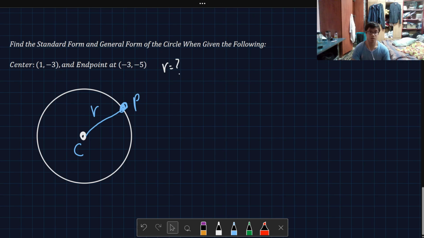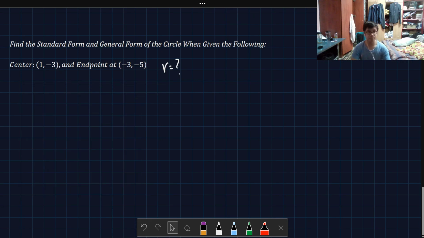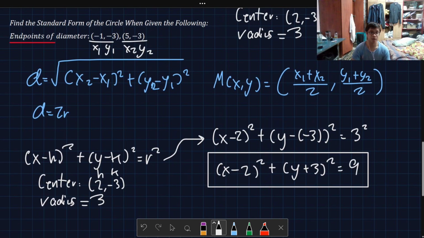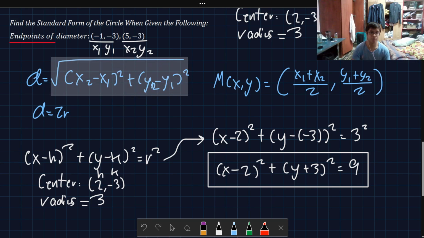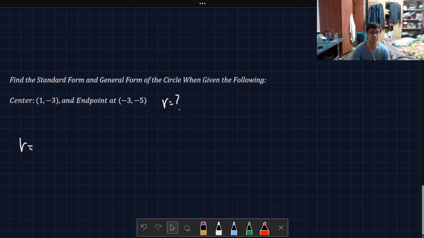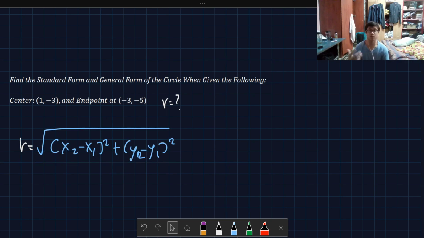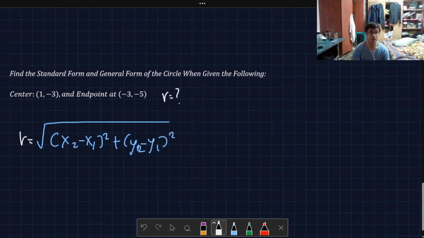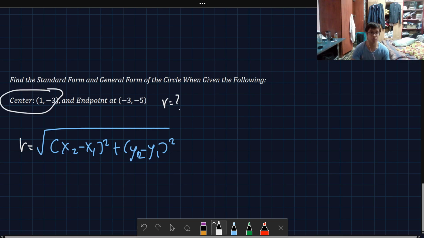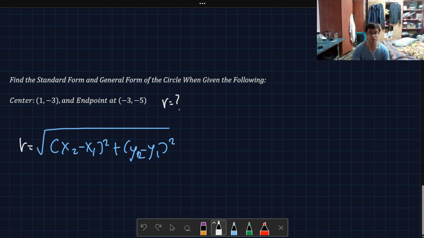So in that case, the length of your radius would be, let's just copy the distance formula here. Let me just put it here. There we go. So the length of your radius is simply the use of the distance formula in this problem. Now here, you're going to pick which one is your first point and which one is your second point.